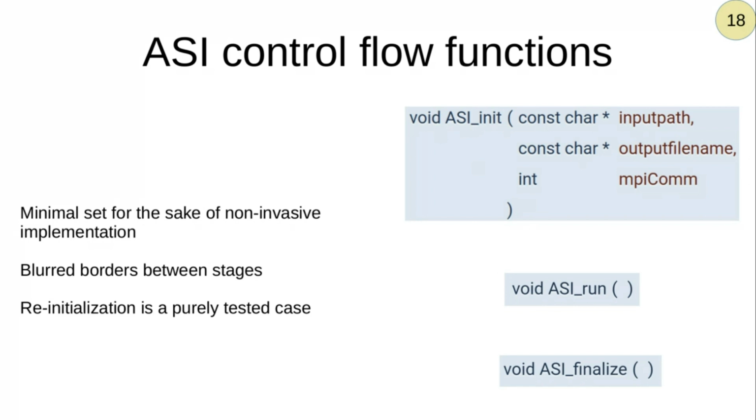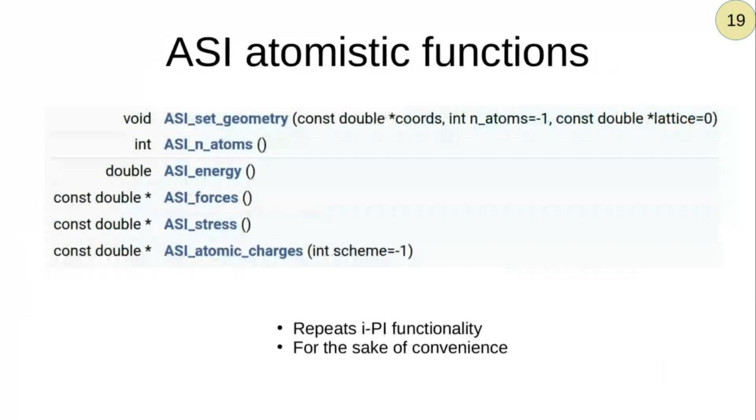And also reinitialization is a poorly tested case. So in principle, it would be nice to have a library that could be reinitialized after finalization. But in practice, it is a poorly tested case. Therefore, we do not declare that it is supported.